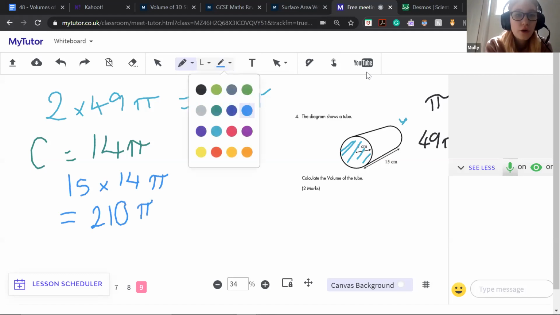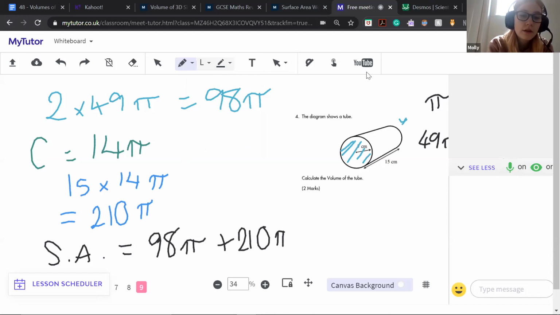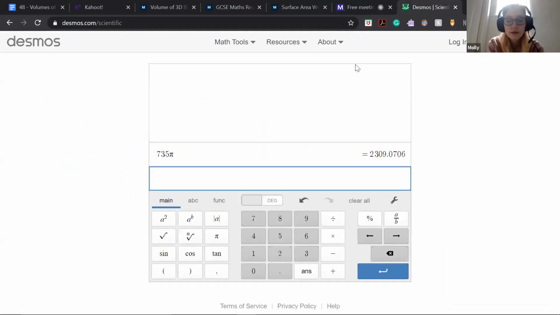So then we add up the whole thing. The whole surface area is 98 pi plus 210 pi, which is 308 pi, if you want it in terms of pi, or as an exact answer, 967.6.